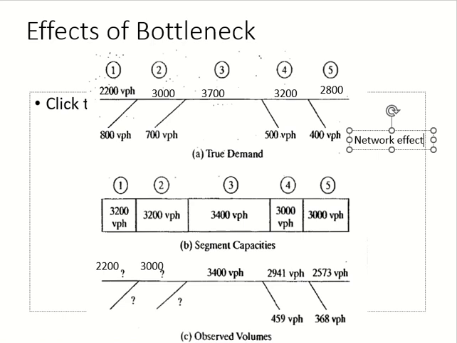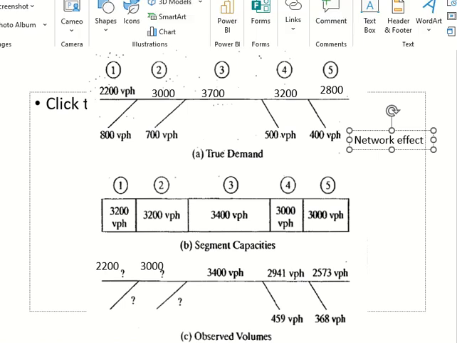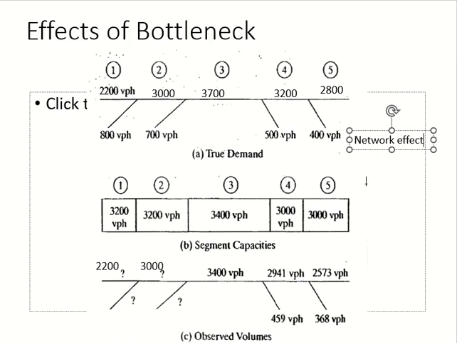Not the number, portion. So how much portion of the actual demand am I allowing here? I am allowing 3400 and the actual demand was 3700. So how much portion is it?